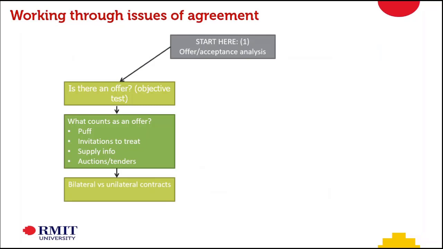Unilateral contracts are a little bit more unique, and we sometimes need to point out that a contract will be unilateral because the thing that makes a unilateral contract different from the vast majority of contracts is that at the point in time when the contract is made, consideration has already been provided by the offeree.